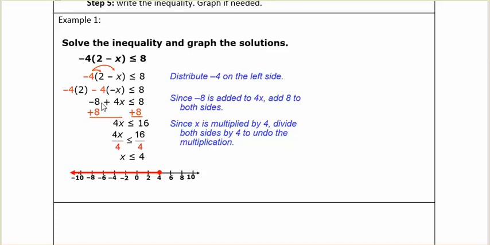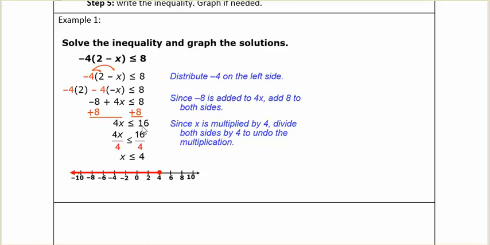So then we move to step 3, which is to undo what is being added or subtracted from the variable. And we have a -8 here, and to undo that, you would add 8, because -8 plus 8 is 0. So we add 8 here, and we add 8 here. And those cancel because that's 0, so we get 4x is less than or equal to 8 plus 8 is 16.